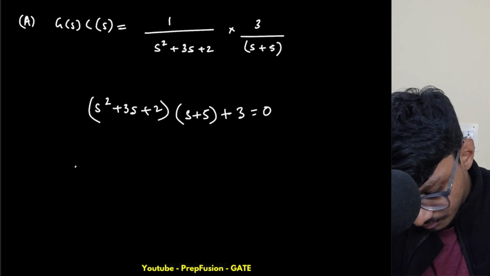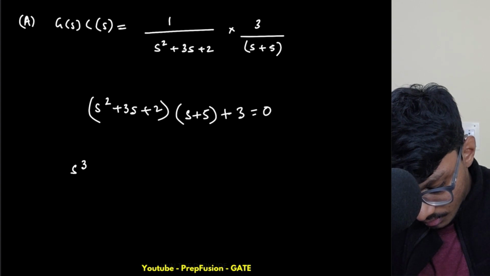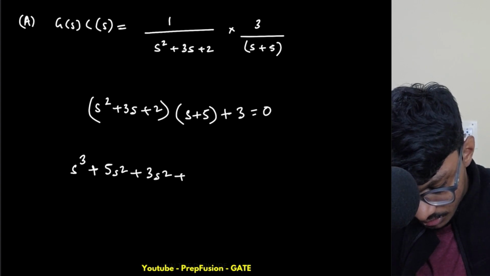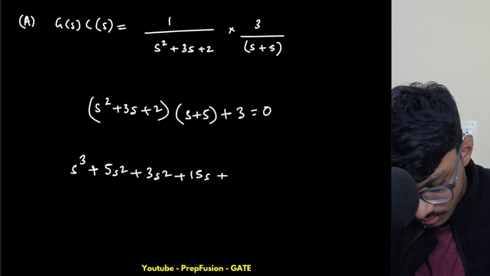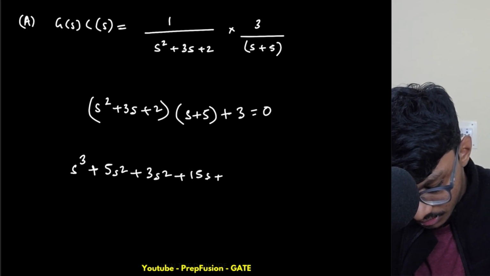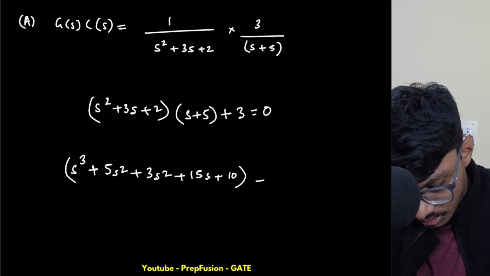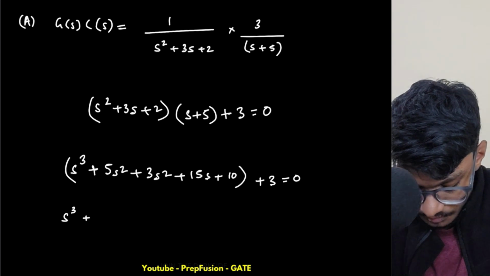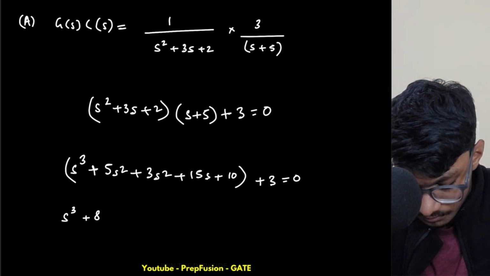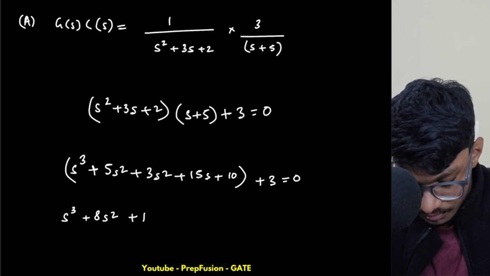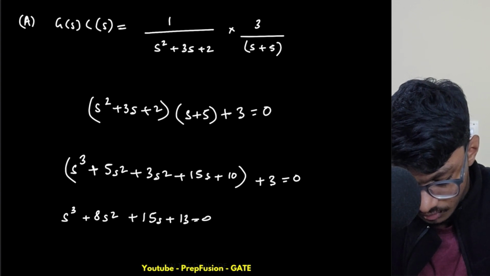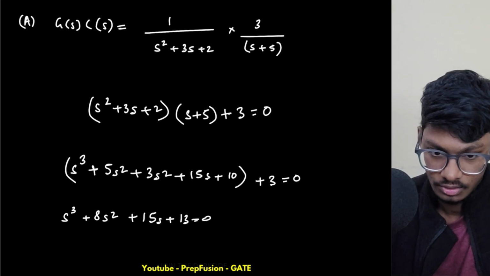Now this will be simply s cube plus 5s square plus 3s square plus 15s plus 10 plus 3 equals to 0. Okay, so this will be s cube plus 8s square plus 15s plus 13 equals to 0. So this basically becomes a third order system.